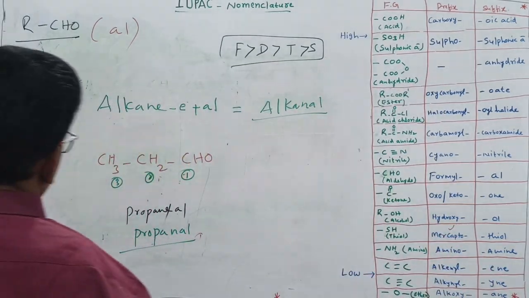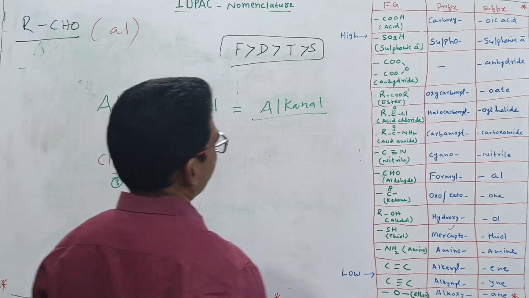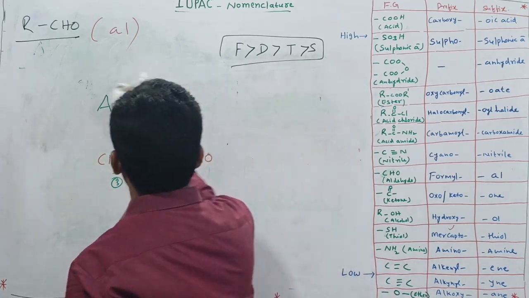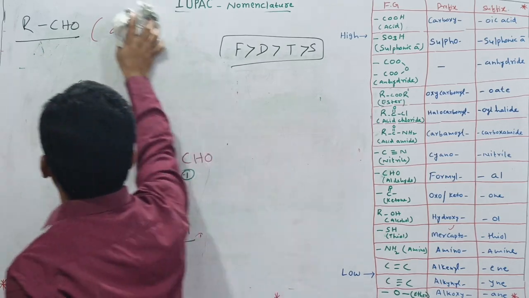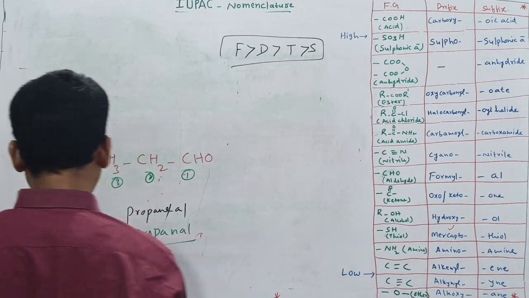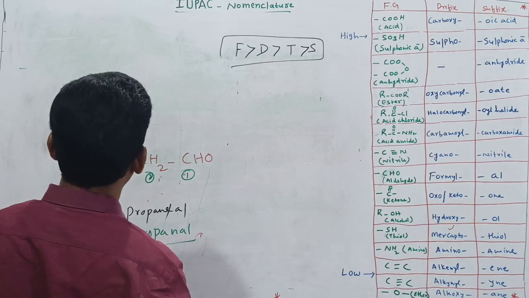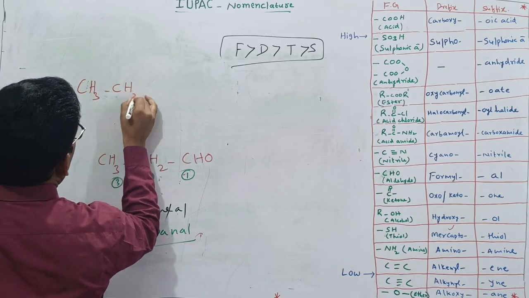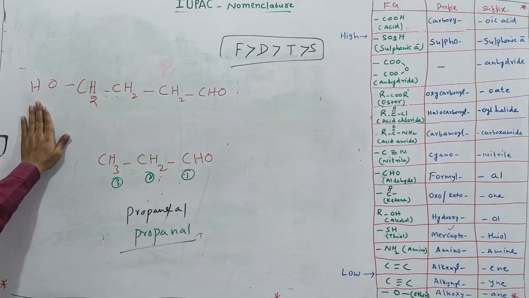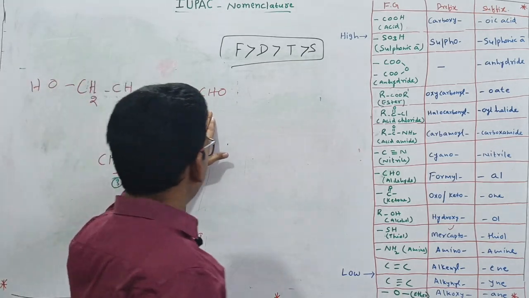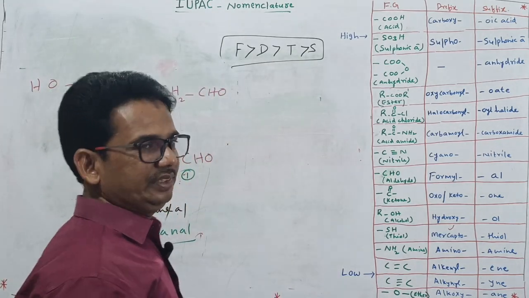Now I will write both aldehyde also, alcohol also. और एक एग्जांपल देता हूं, aldehyde को भी इंक्लूड करेंगे, अल्कोहल को भी इंक्लूड करेंगे. देखो. See, from this end OH is first position, from this end aldehyde is first position.